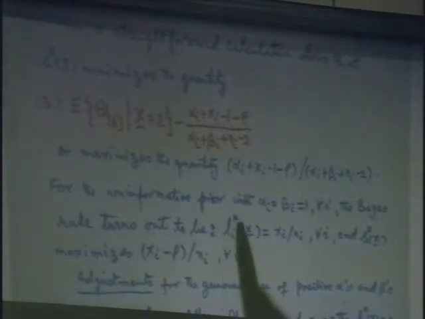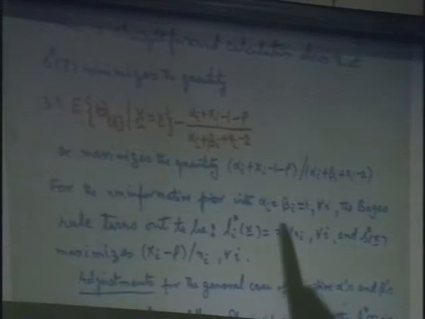It actually in this case simply minimizes this particular quantity. Now, one interesting case is when you choose alpha i and beta i, both of them equal to 1, which amounts to a non-informative prior. Then the Bayes rule turns out to be, in this case, Li star x is simply the ratio xi over ni for all i.